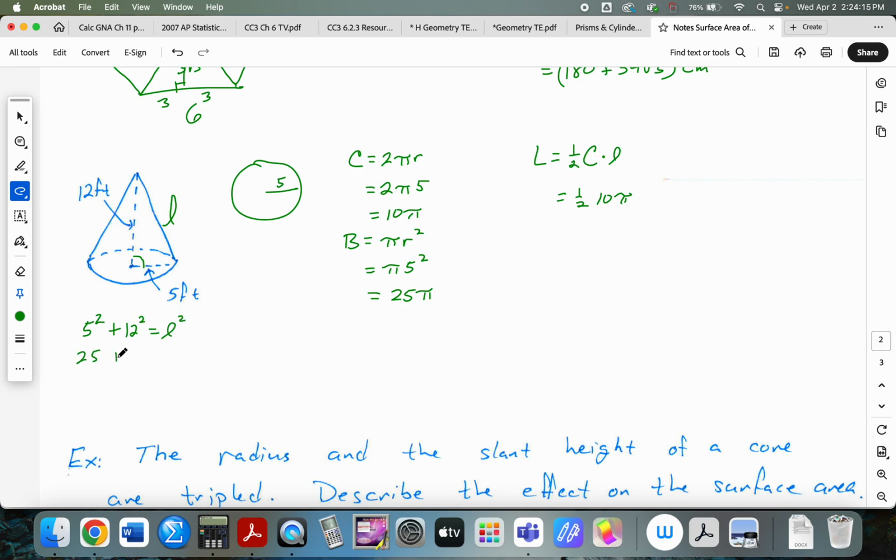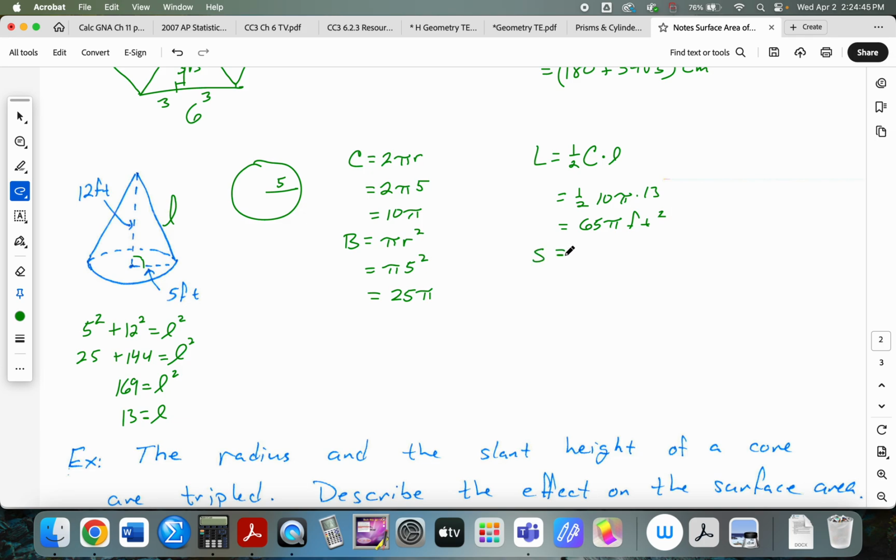So this is 25 plus 144 is the slant height squared. So the square root of 169 is 13, so that's our slant height. So half of 10 is 5, and 5 times 13 is 65, so that's 65 pi square feet.